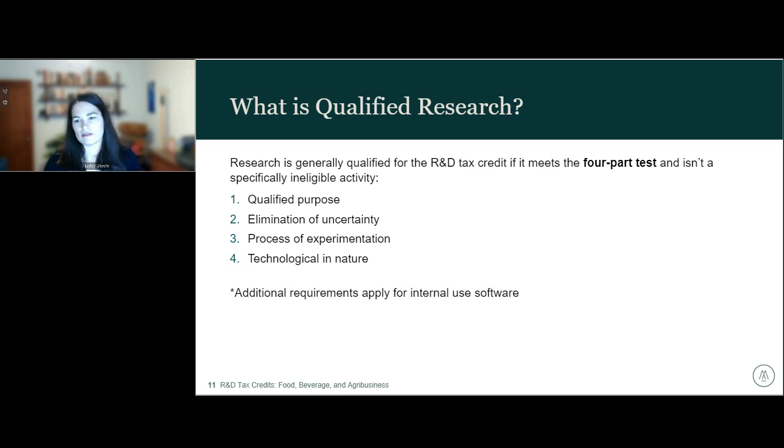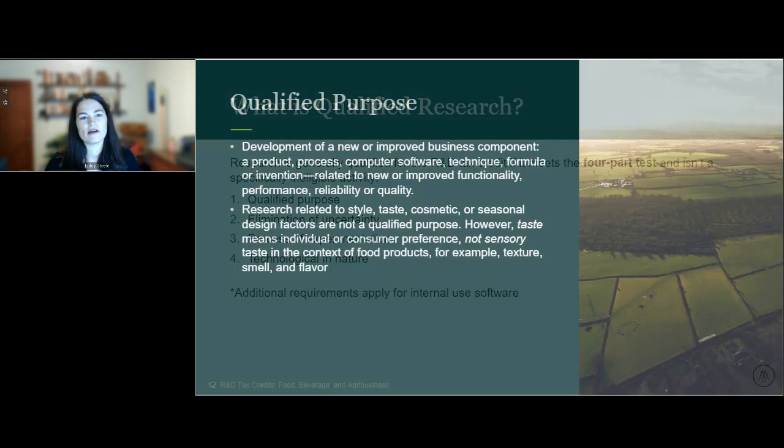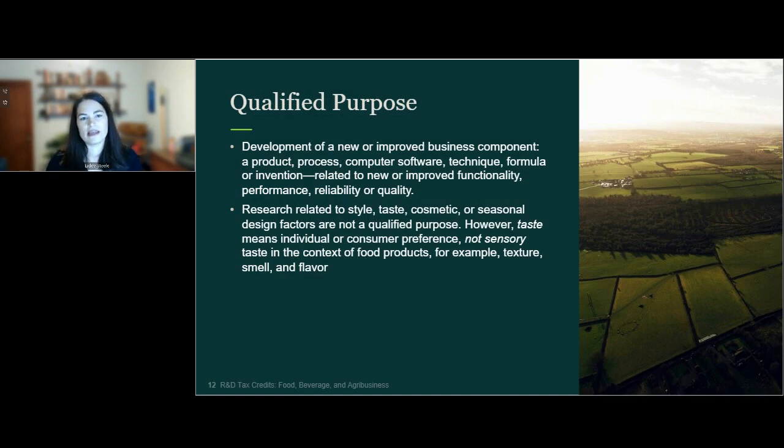So we're going to dive a little further into each of those elements of the 4-part test. That first element, qualified purpose: is this the development of a new or improved business component? When we say business component, you can read that as project. The business component is just IRS-specific language.